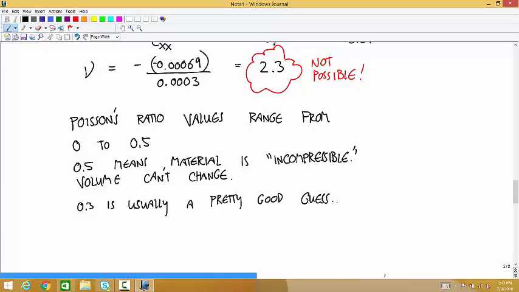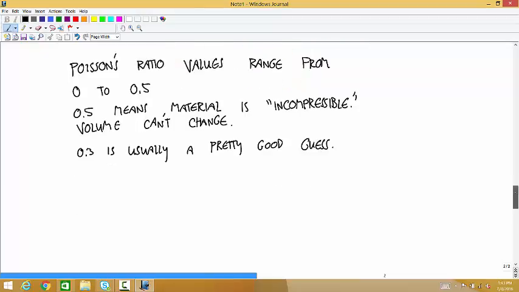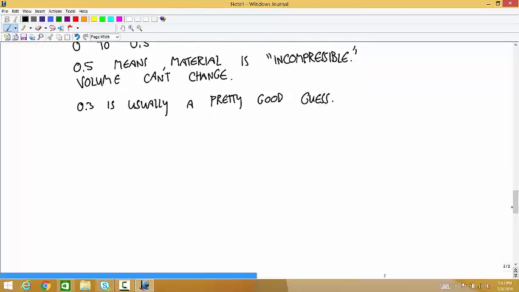The next thing that we have to talk about is re-expressing stress tensors in new coordinate systems. This is called stress transformations.